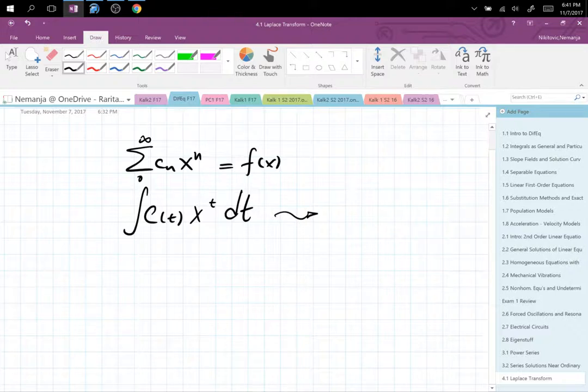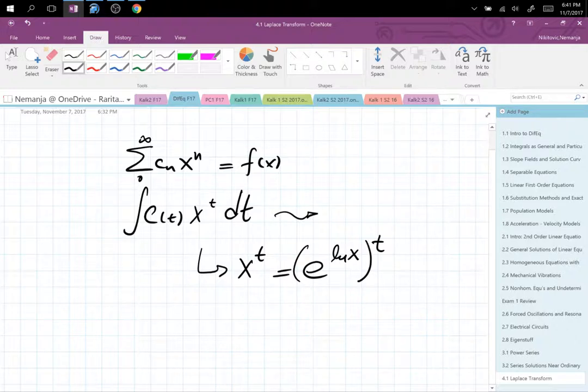So now I have this function which is in terms of t, and we do not like integration of x to the t. So we can actually cheat by writing this x to the t as e to the ln of x, and all of that raised to the t.